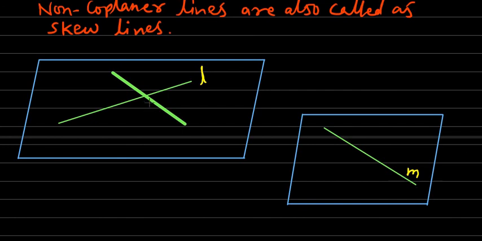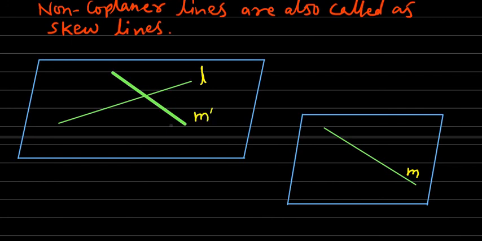Now this is the line which is parallel to the line M, and we'll indicate it by M dash. Let M dash be a line which is parallel to the given line M. Then the angle between lines L and M is the same as the angle between lines L and M dash.